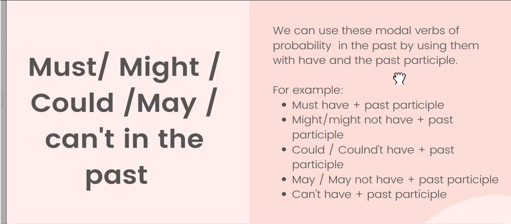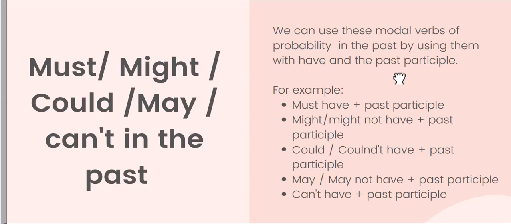This is what I mean in these examples right here on the slide. Must plus have plus the past participle, or might not have plus the past participle. This is the structure of how you can use the modal verb in the past.